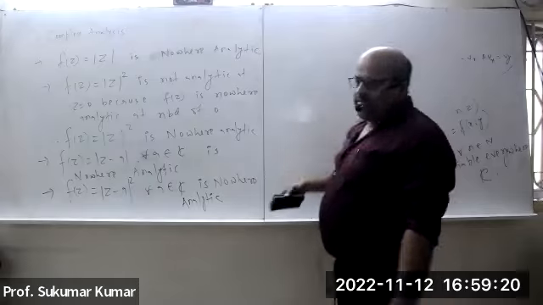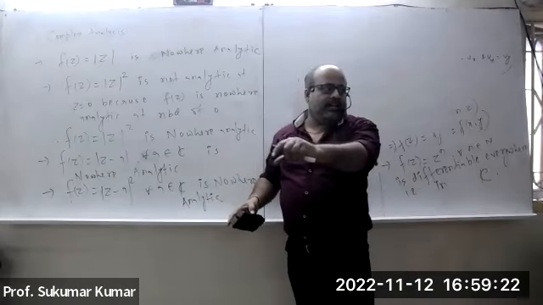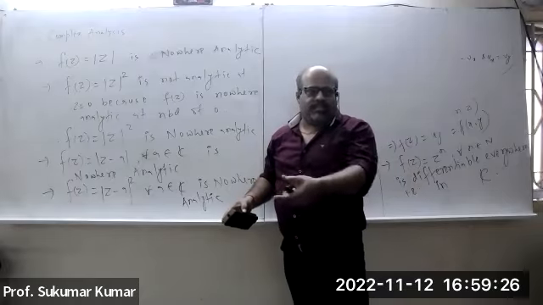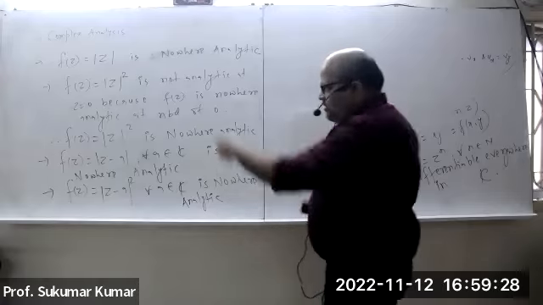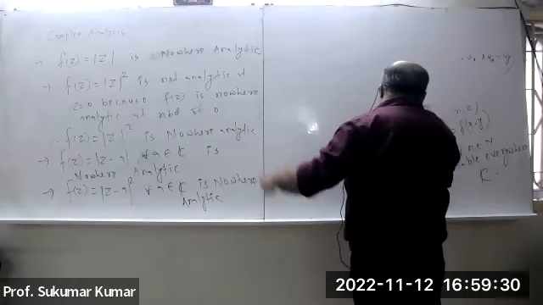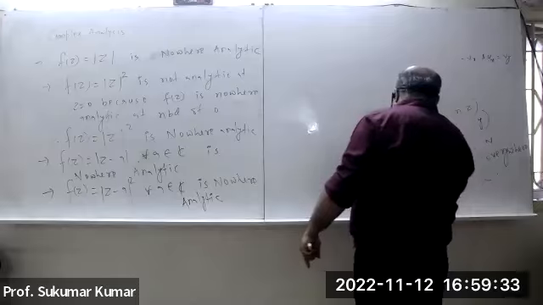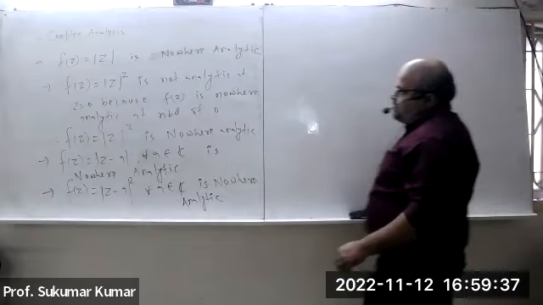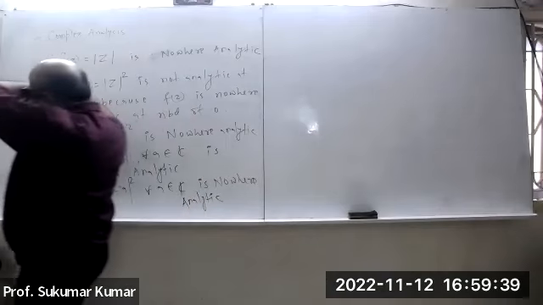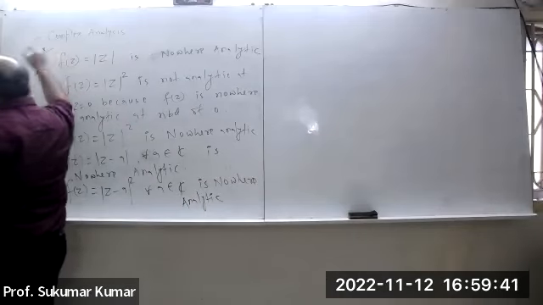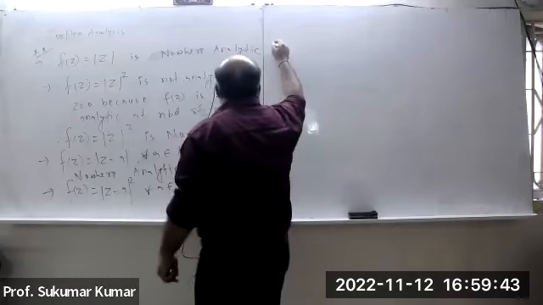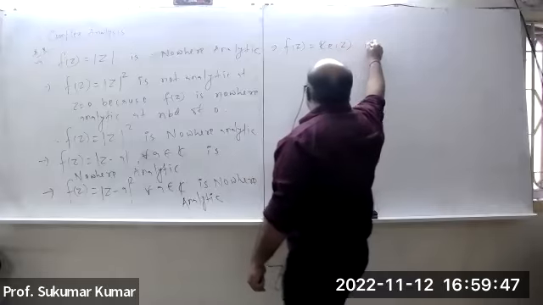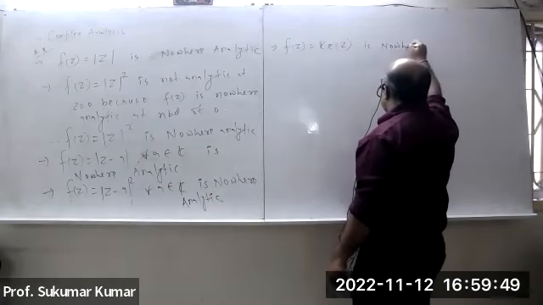Sometimes they ask which of the following are analytic: fz is equal to z, z squared, z cubed, mod z. They must ask this. So this and all will come directly, very important. Put a star. Analytic, you must know: fz is equal to real part of z is nowhere analytic.